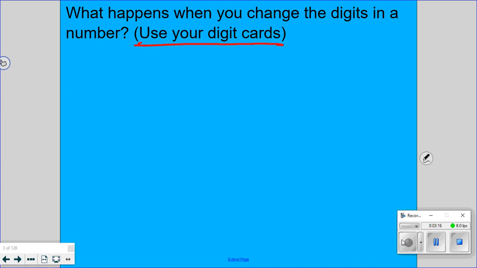This is the example that we started with. We started by building the number 72. I'm writing, that means you were writing. We then changed the digits and we made it 27. Remember doing that with your digit cards?